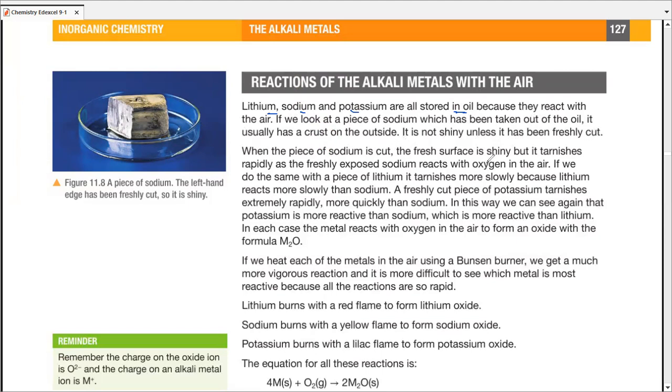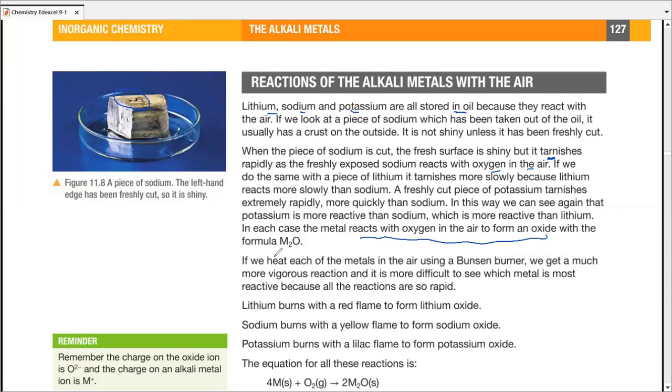Now, when we cut it, the fresh surface is shiny, but it tarnishes, which means it changes its appearance, to the same blackish appearance as soon as we cut it, and a few minutes pass on because it's exposed to oxygen in the air. It reacts with oxygen, it forms an oxide, and that's how the whole reaction goes.